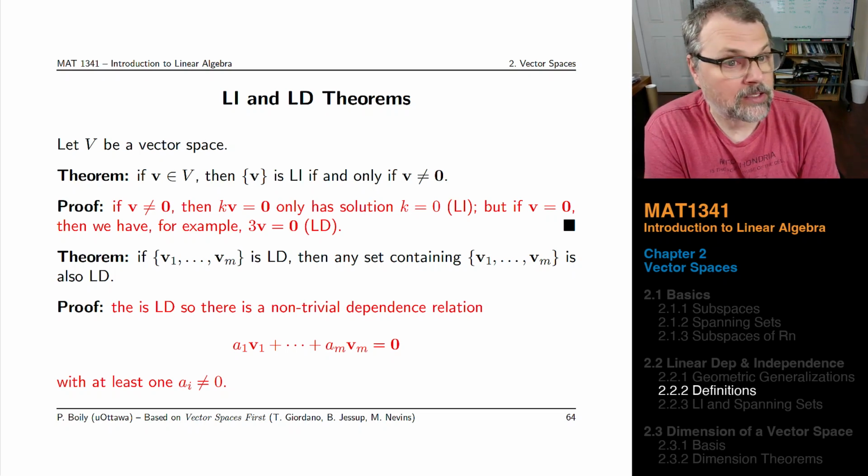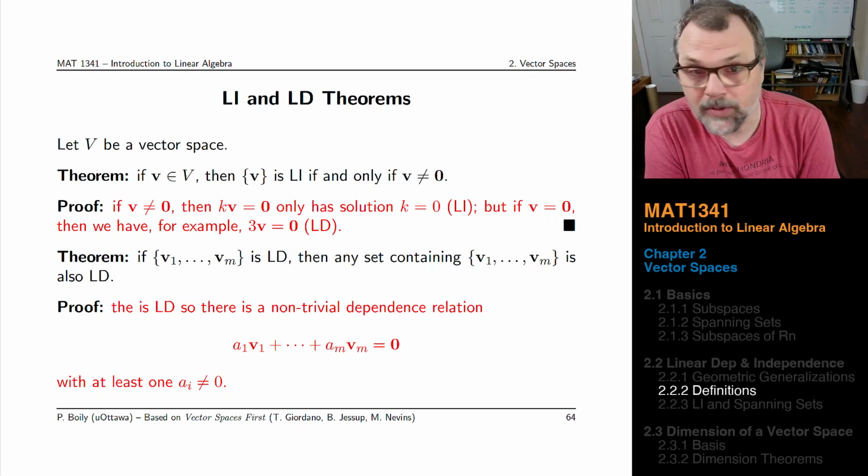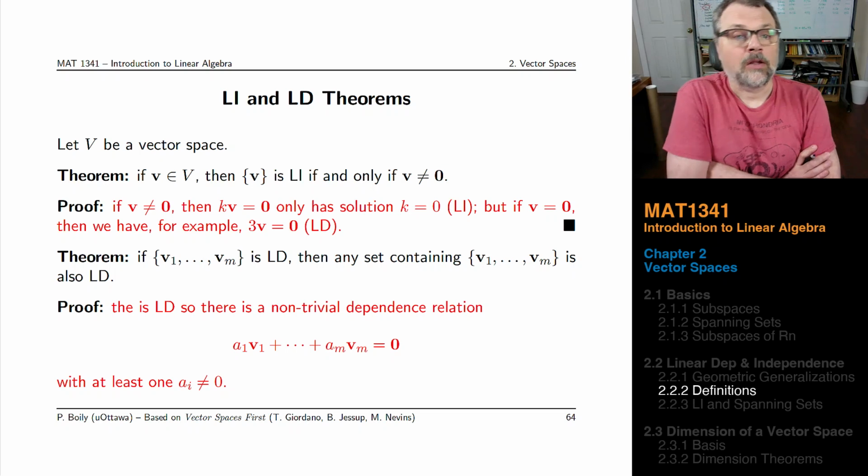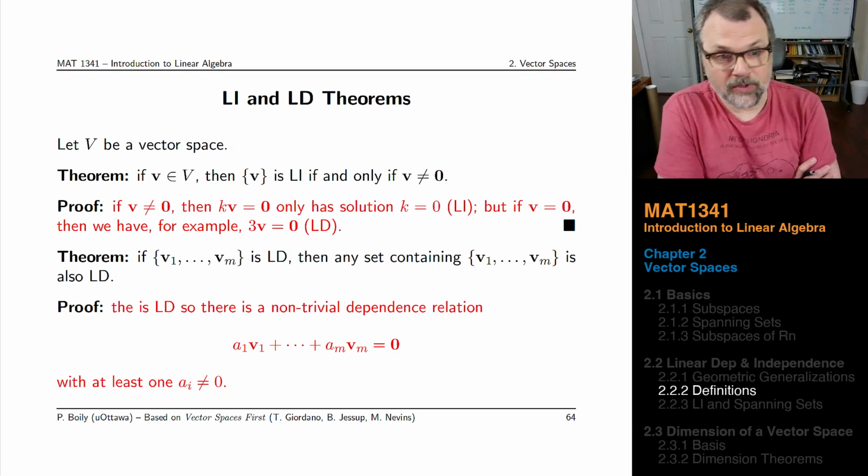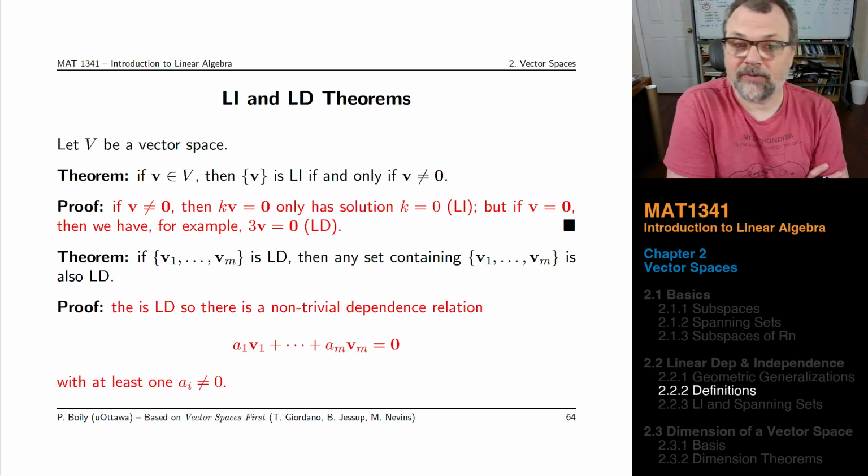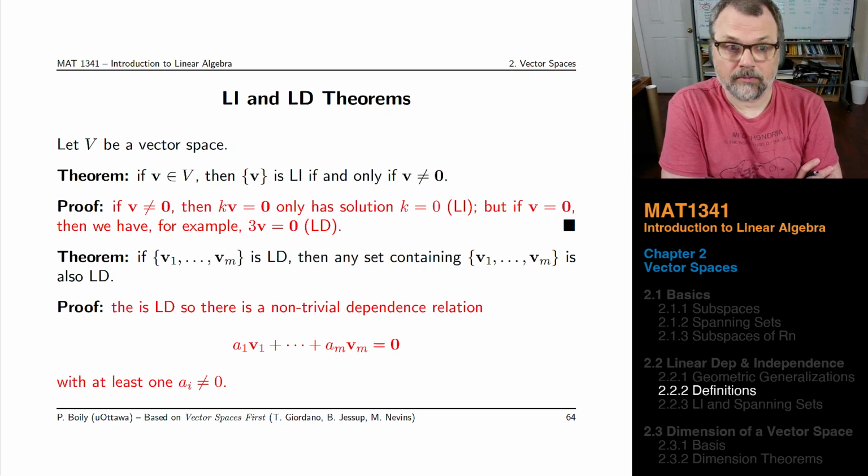If you look at the set of the zero vector, then it's not linearly independent. The only way for a set of one vector to be linearly independent is if the vector is not the zero vector.